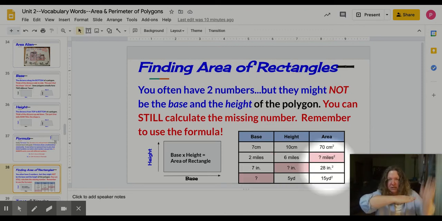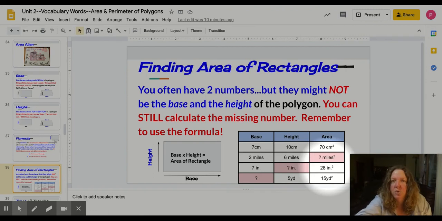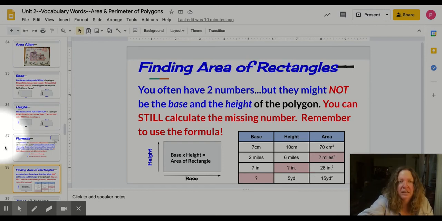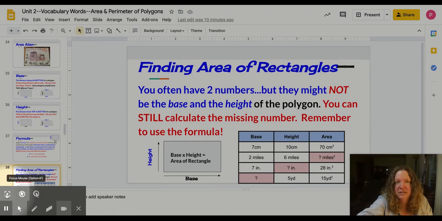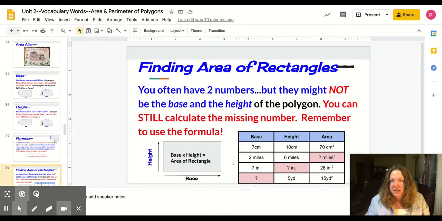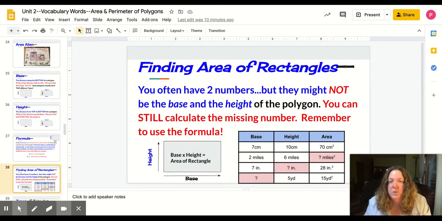Mystery number times 5 gives us 15. Well, we know 3 times 5 gives us 15. So we can figure out missing numbers just because we know that the base times the height always gives us the area of a rectangle. And using that formula, we can figure out the missing numbers.